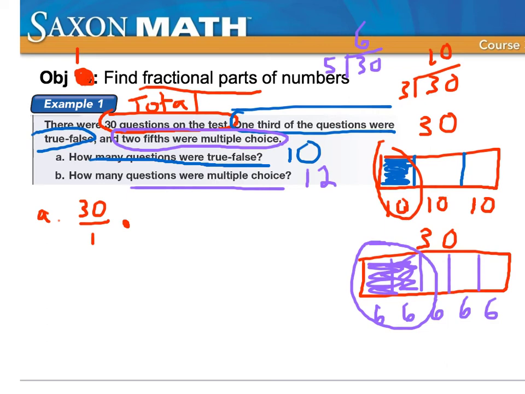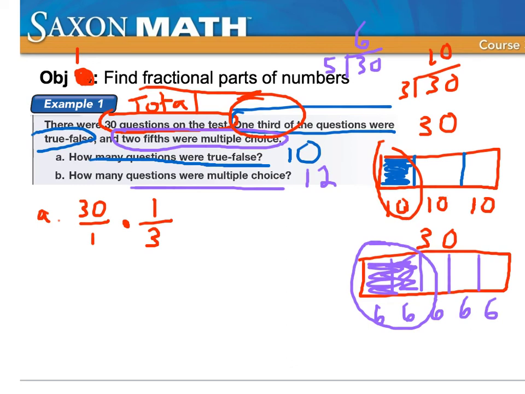Well, my fractional part is the words they give me as a fraction. So for true, false, the stuff I have in blue, it says 1/3 of the questions were true, false. So I'm going to multiply 30 over 1 by my fractional part, which is 1/3. Okay? Then, I'm just going to get my answer. Okay, now we should remember how to multiply fractions.